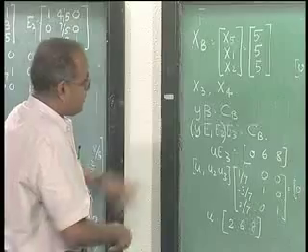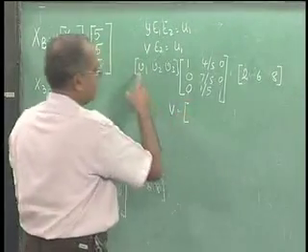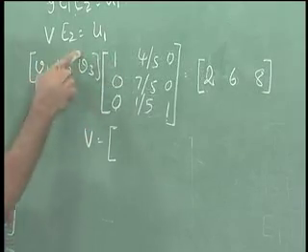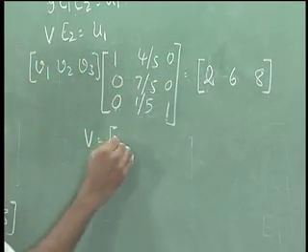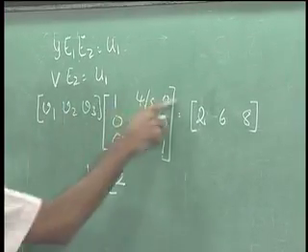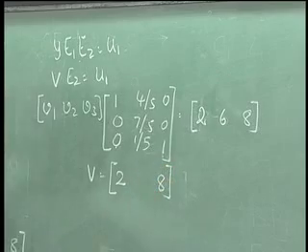Now, once again by the very nature of the eta matrix, we can get V1 plus 0 V2 plus 0 V3 is equal to 2, from which V1 is 2. Again 0 V1 plus 0 V2 plus 1 V3 is 8. So, we get 8.